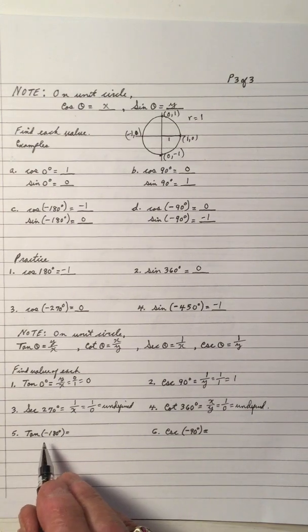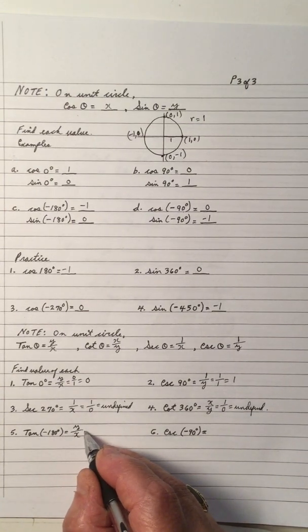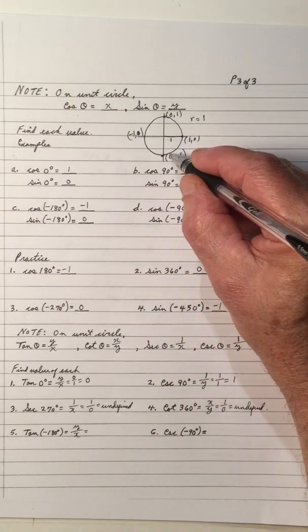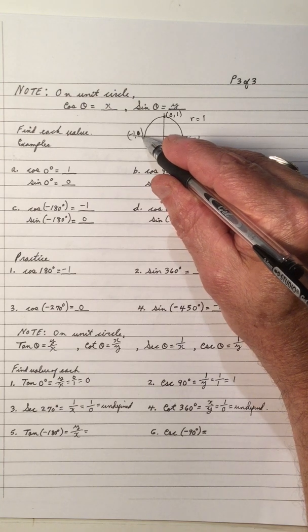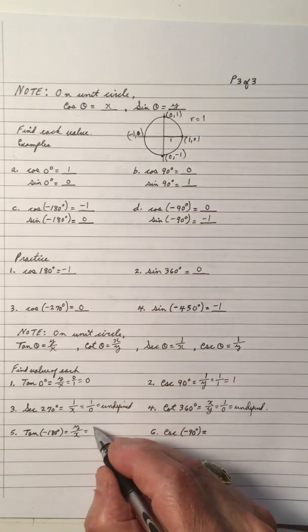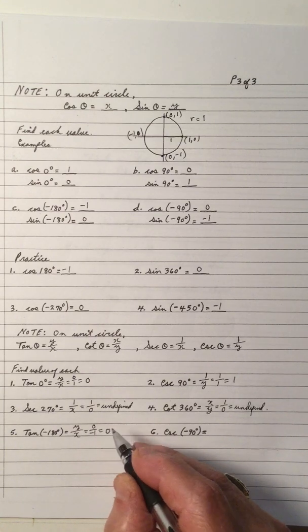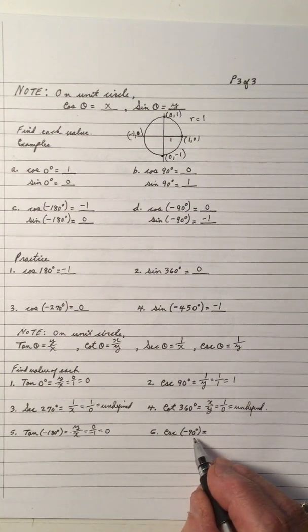And number 5, tan. Tan is the y over the x. Negative 180. Start here. Negative 180 is right here. And the y is 0. The x is negative 1. So 0 over negative 1 is 0. And the cosecant of negative 90.